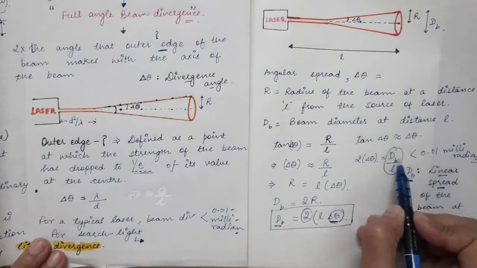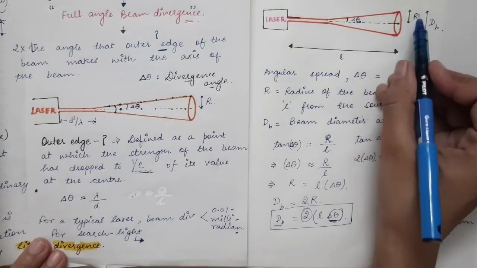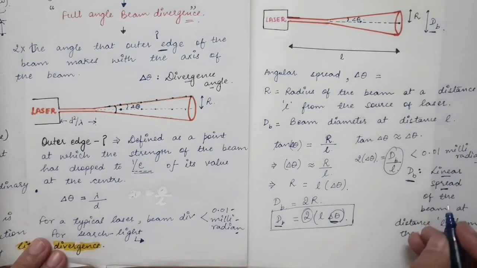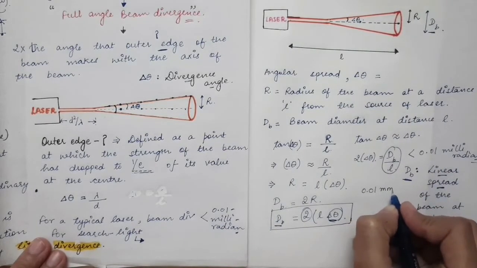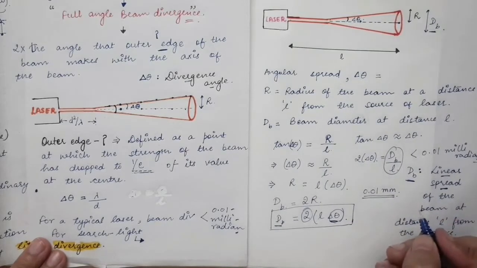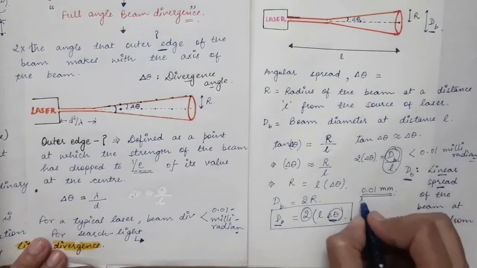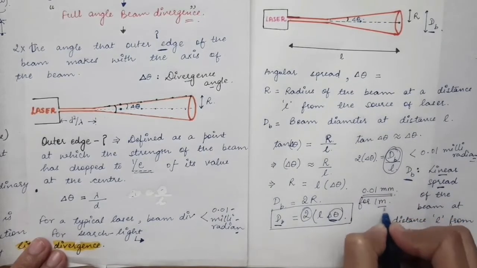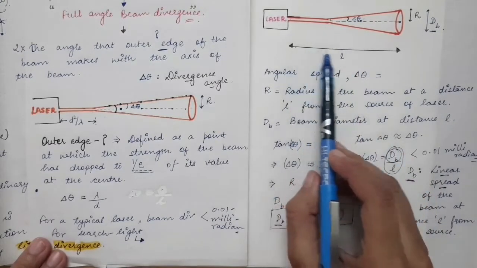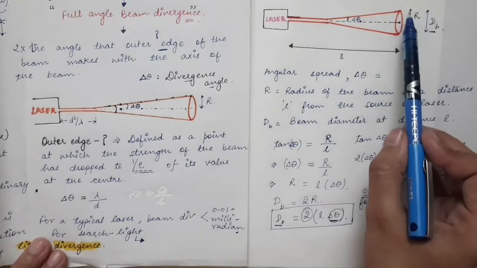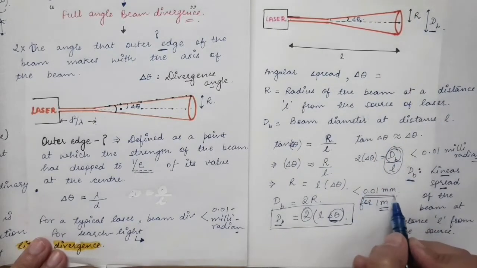This means for the case of laser, the linear spread, that is this dB, is less than 0.01 millimeter for a typical laser, for traveling 1 meter of distance. So when the laser light travels about 1 meter distance, this linear spread is less than 0.01 millimeter.